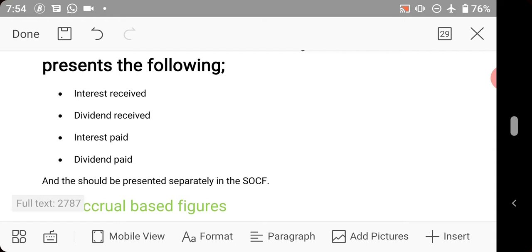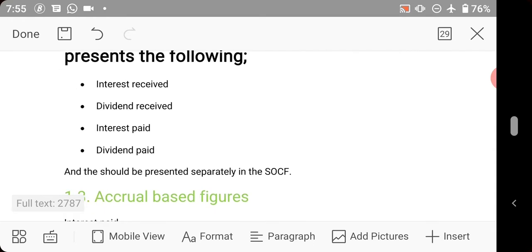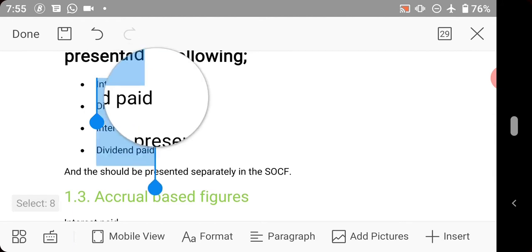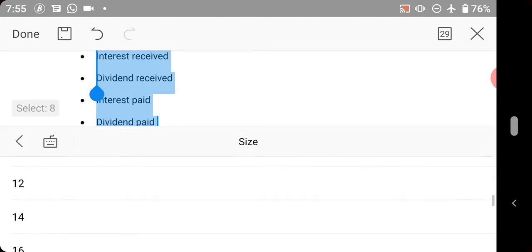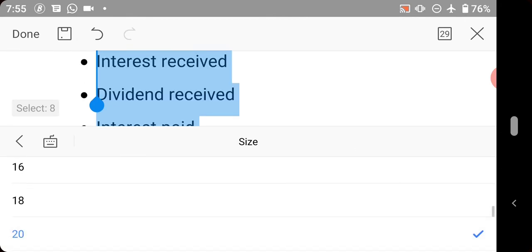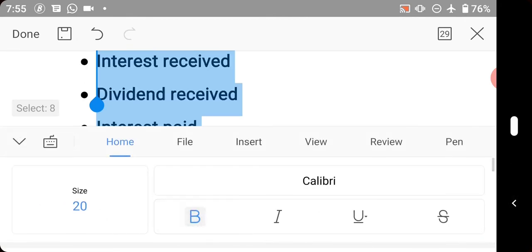Interest paid and dividend paid can be treated as operating activity or financing activity. Are you there? You must note this. They can even ask you this in the exam hall. So let me bold it to tell you how important it is for you to master it.